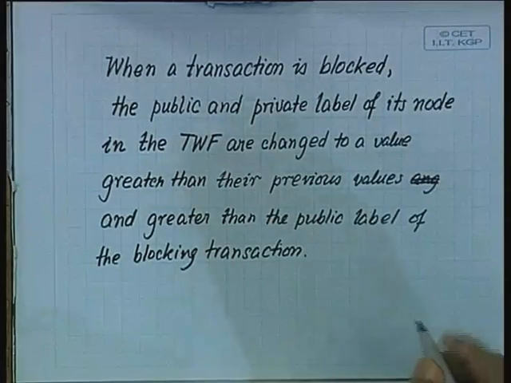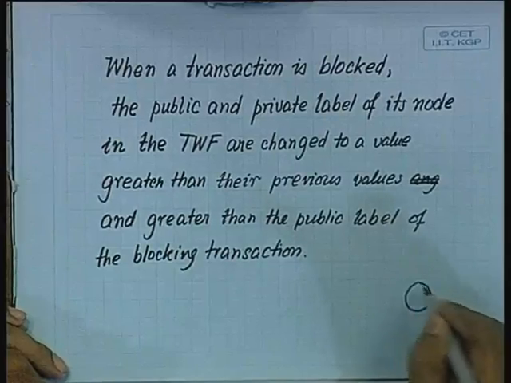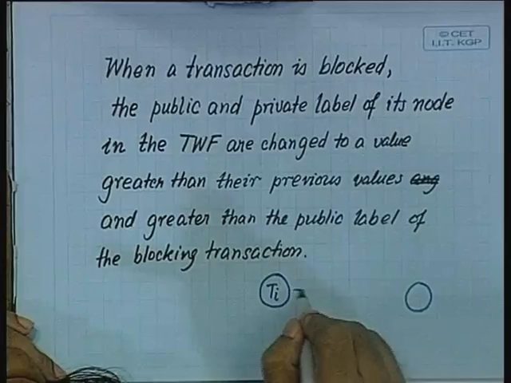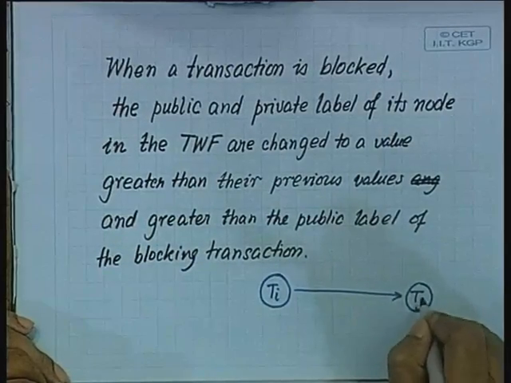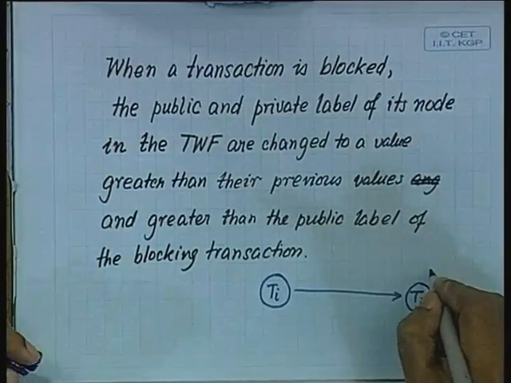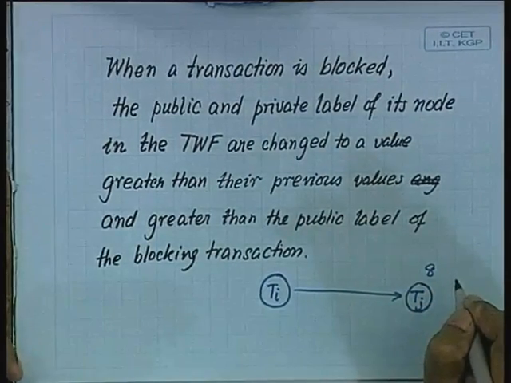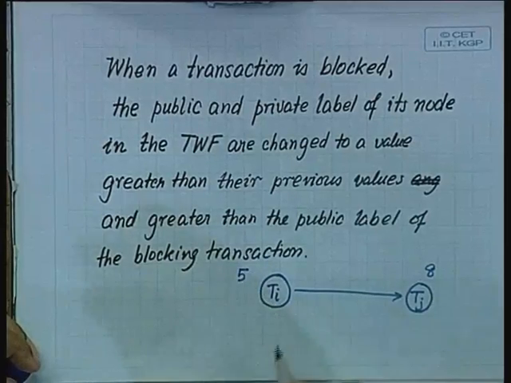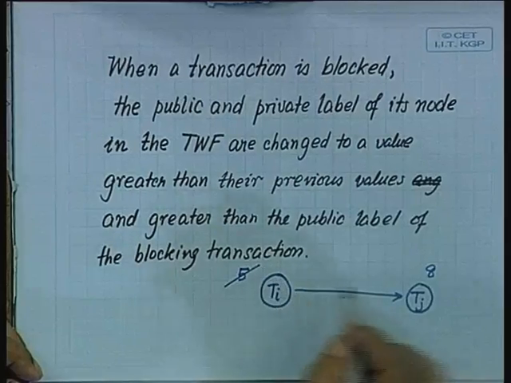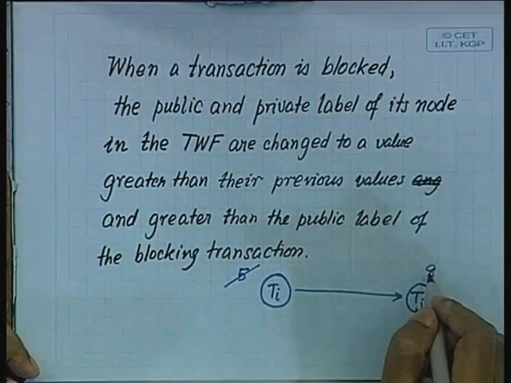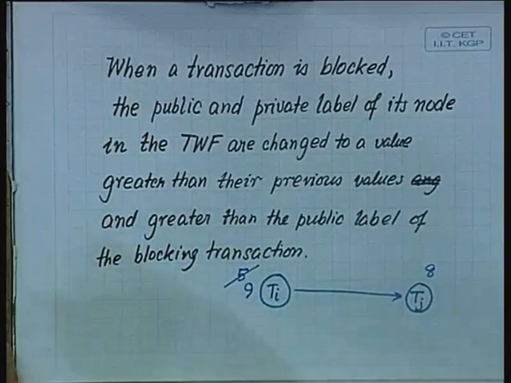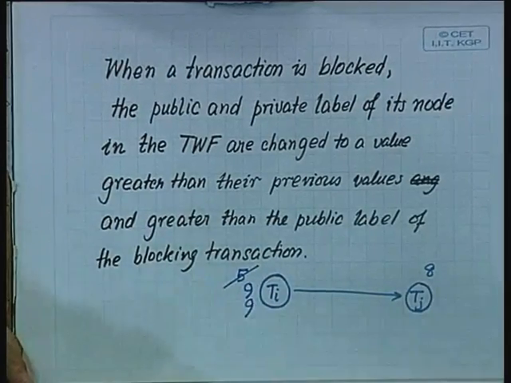For example, if there is a transaction Ti which is now getting blocked on Tj, and Tj had a public label of 8, and Ti had a private and public label of 5, then we will update both of its private and public label to something larger than this. So, maybe we will put this to be 9 or something like that, both public and private label.